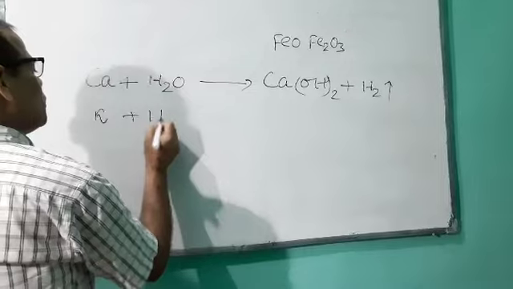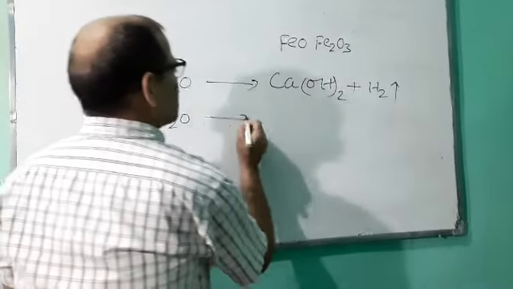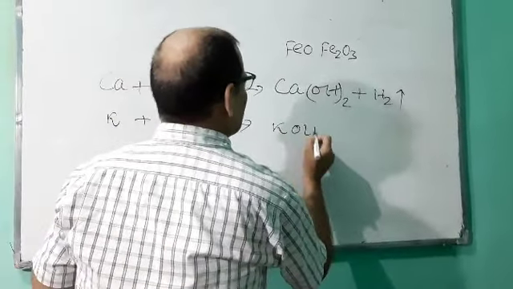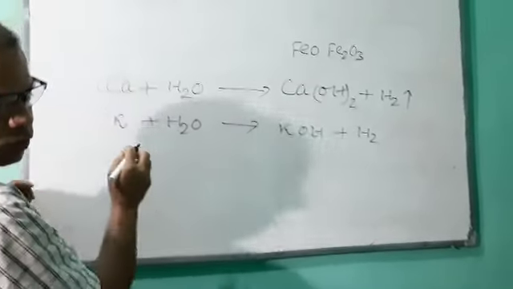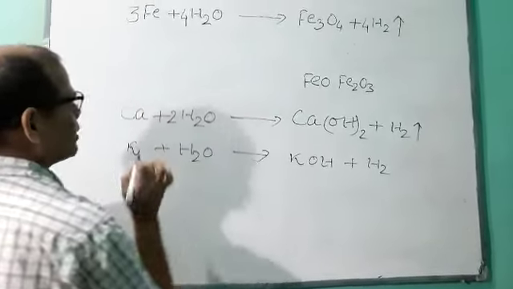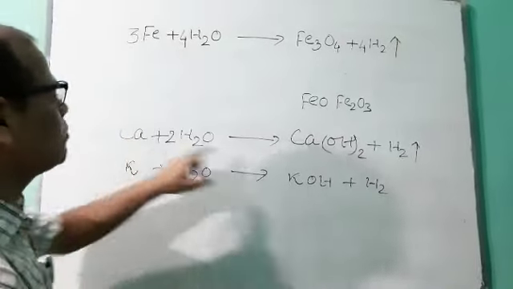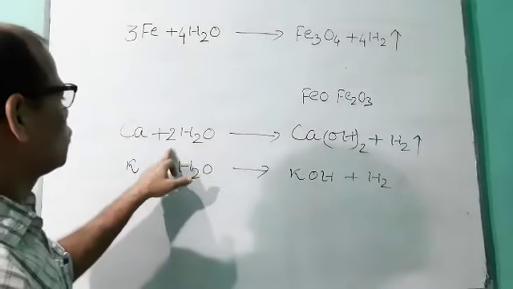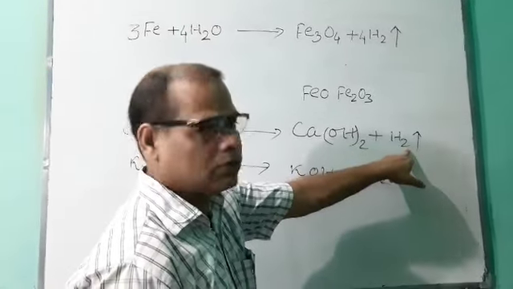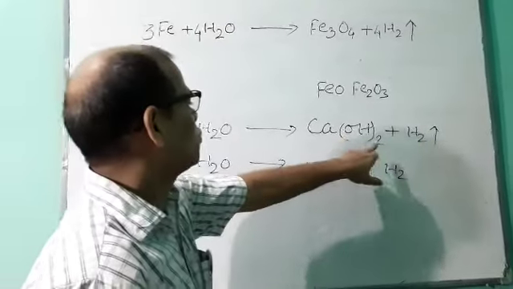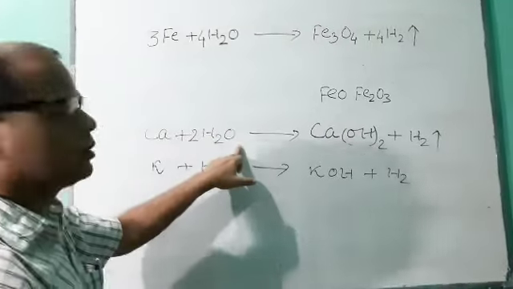Potassium with water gives potassium hydroxide plus hydrogen gas. So, calcium: 2H2O. Now one calcium, 2 to the 4, 2 hydrogen plus 2 hydrogen, 4 hydrogen, 2 oxygen, 2 oxygen.